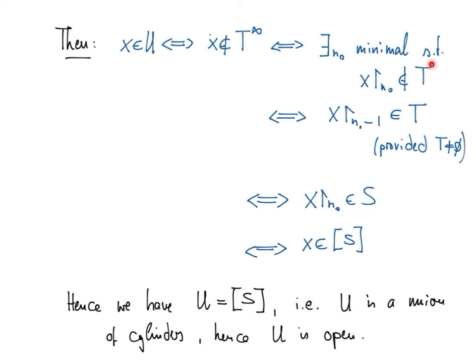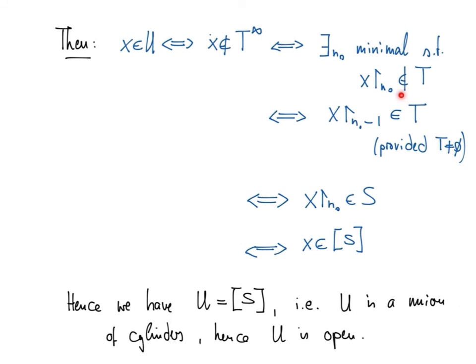Since n0 is chosen minimal, and provided T is not empty, the next shorter initial segment of x is in T, because n0 is chosen minimal with this property.